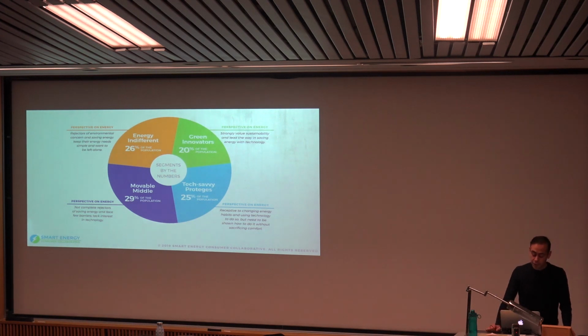These are the market sizes of each of the 4 segments nationally. Green innovators represent at the national level 20% of the population, tech-savvy protégés 25%, movable middle 29%, and then that most complicated group, the energy indifferent, 26%.